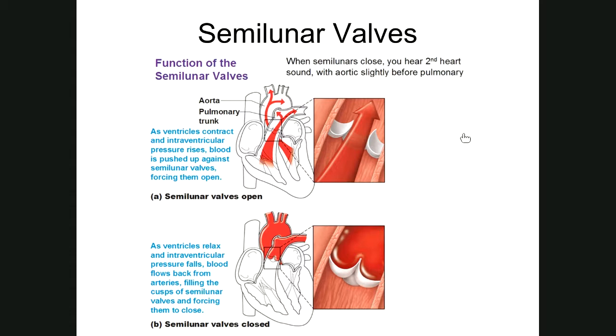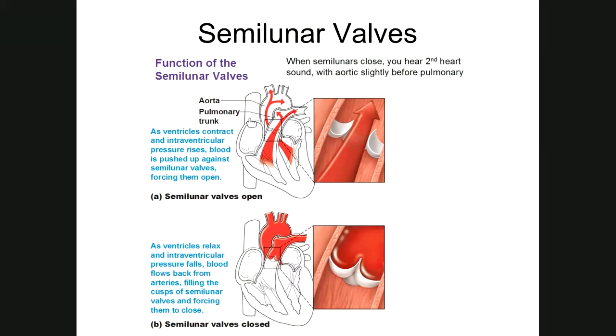When the bicuspid and tricuspid valves close, as both ventricles contract at the same time, that's your first heart sound. And when that happens, your pulmonary semilunar and your aortic semilunar valves are going to open. And then when the ventricles relax, the blood tries to rush back in, the semilunars slam shut, and that's your second heart sound. So your heart sounds are your valves closing.